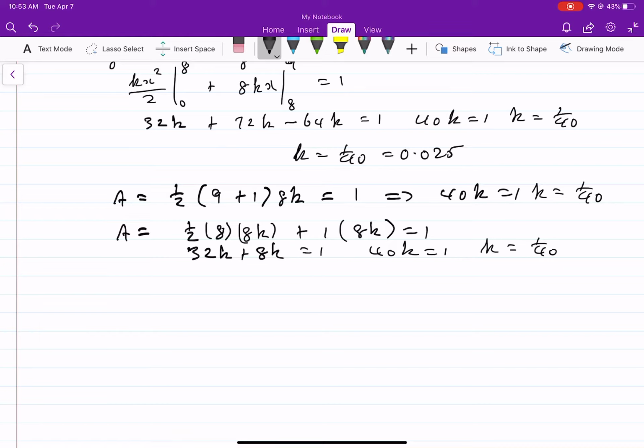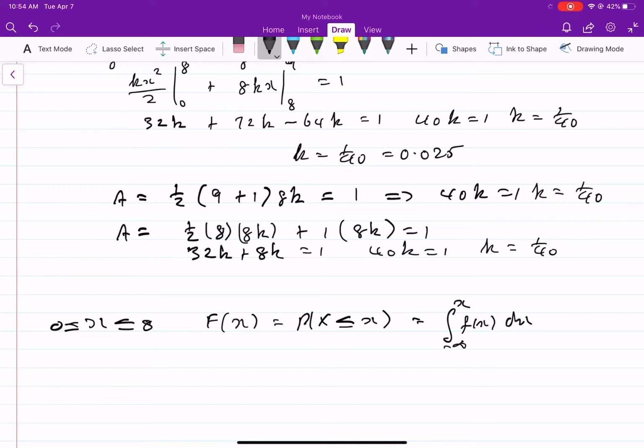So for x between 0 and 8, big F of x, remember, it's the probability that X is less than or equal to x, which is equal to the integral between minus infinity and x of small f of x dx. Okay, let's interpret that. Big F of x is equal to the integral.